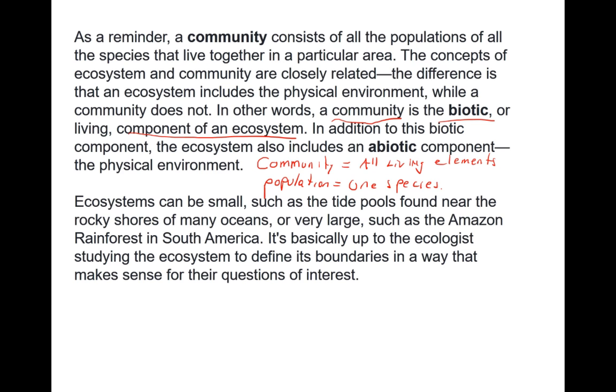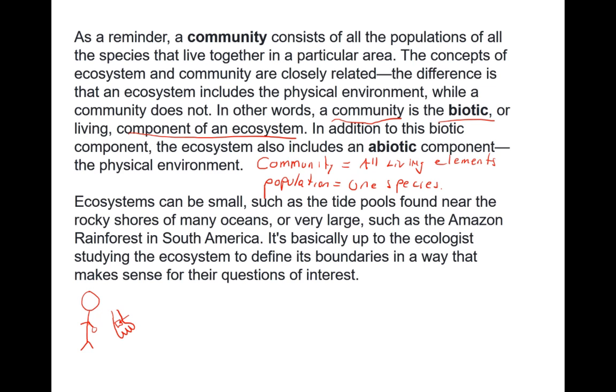And as far as the ecosystem, again, it depends on the ecologist that wants to make this study. I liked how in Khan Academy's video, he talks about how it could be the study of a person, and we could talk about the whole person, or we could talk about just this hand, or this small section right here, or even a smaller section of my hand, and talk about what's going on in that smaller section.